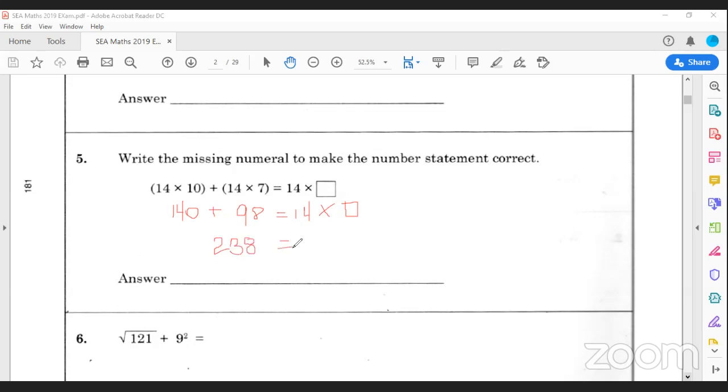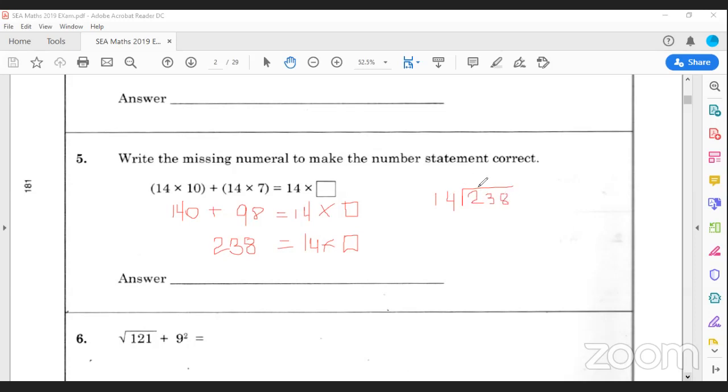So the question is, 14 multiplied by what is going to give us 238? To get the answer, we can divide. So we're going to divide. How many times could 14 go into 238?